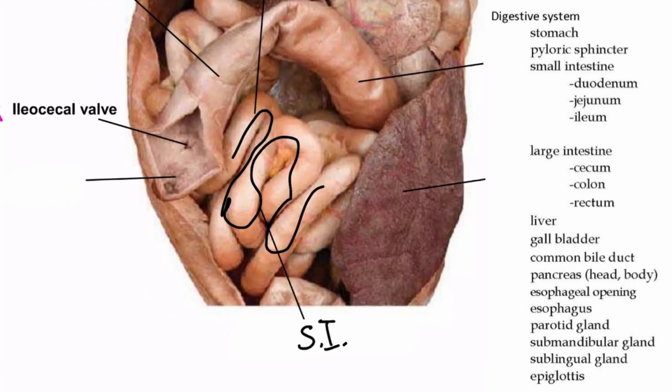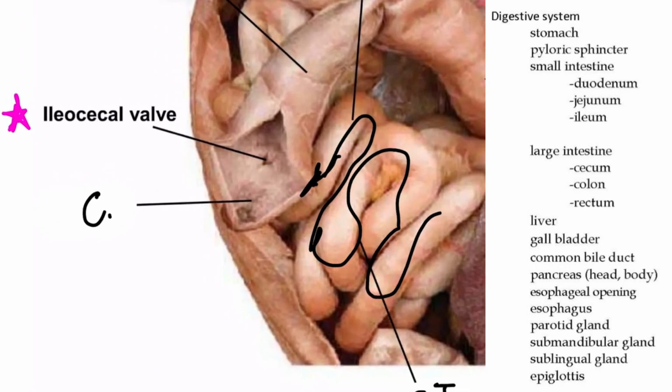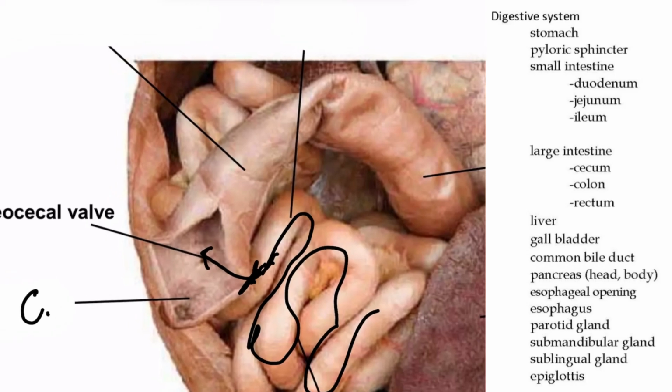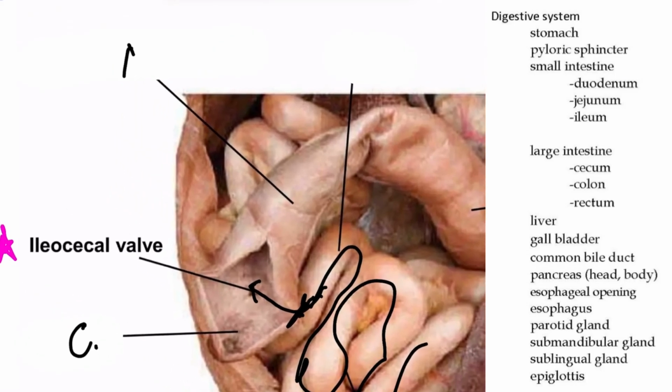So once we get to the cecum, which is this part, it enters through the ileocecal valve. So the small intestines goes into the ileocecal valve, and then it goes to the cecum right here. And then again, these things are part of the large intestines. And this one is the ascending colon. Large intestines.